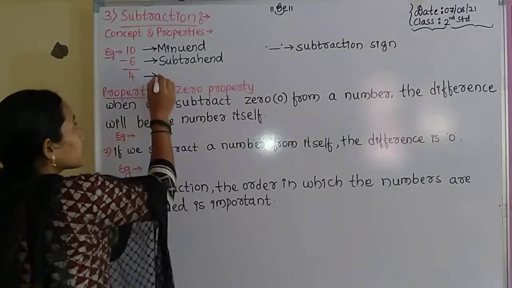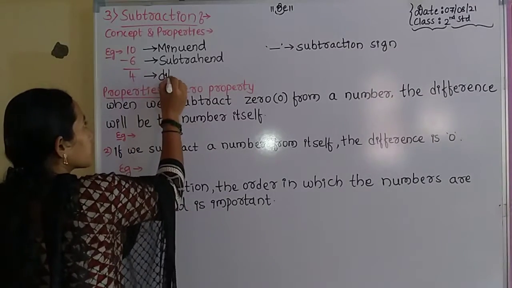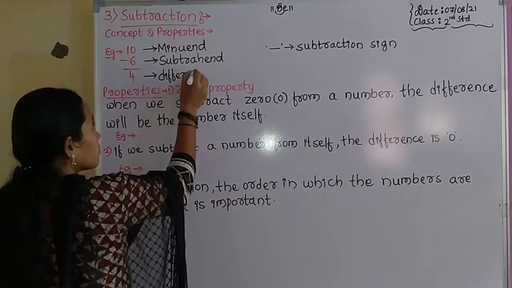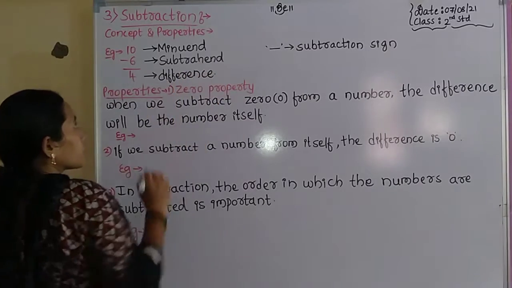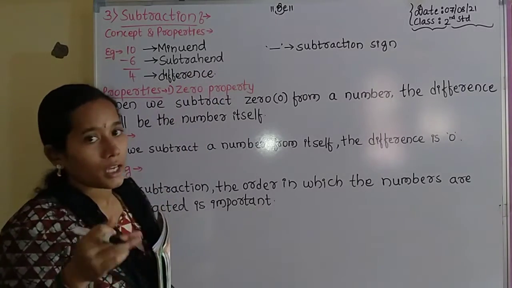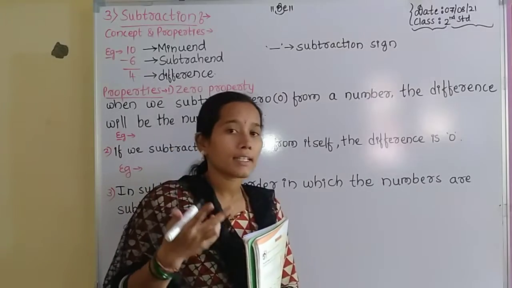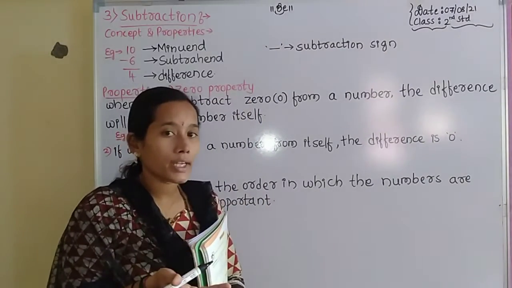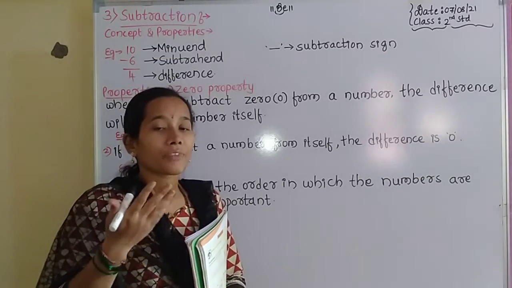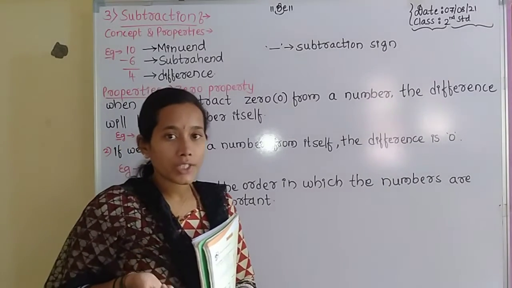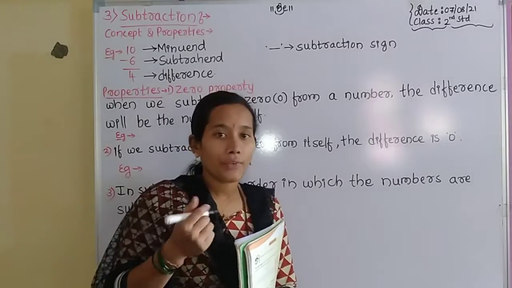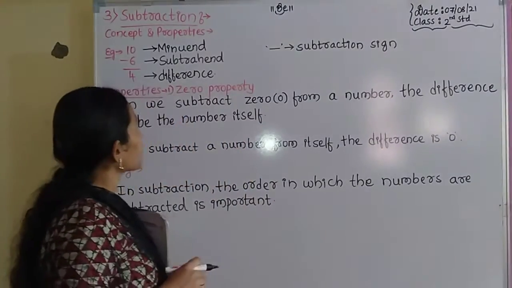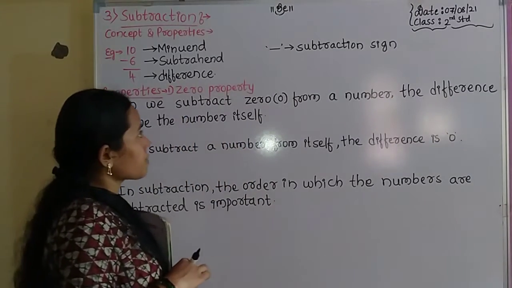In addition the terms are first addend, second addend, and the answer is sum. But here the first one is called the minuend and the second one is called the subtrahend, and the answer we get from the subtraction operation is called the difference. So these are the terms of subtraction.